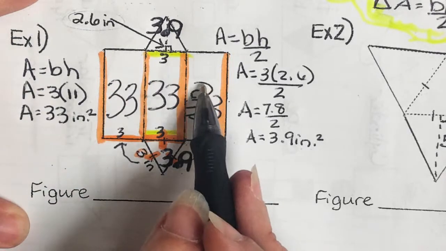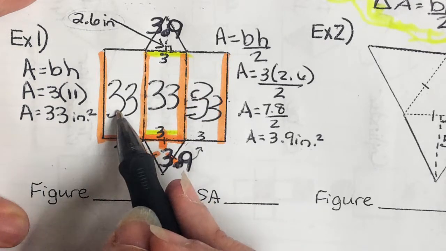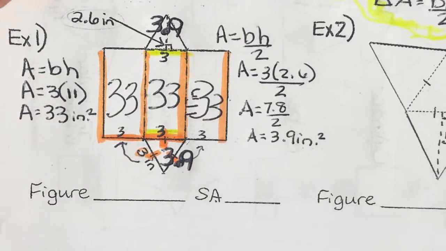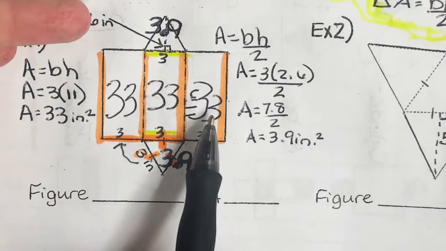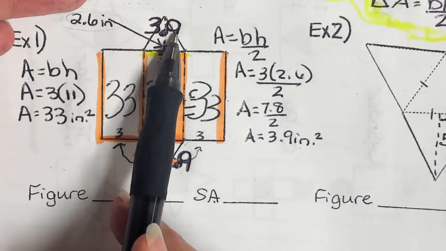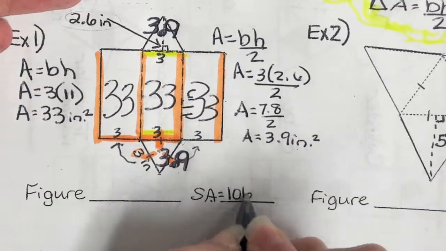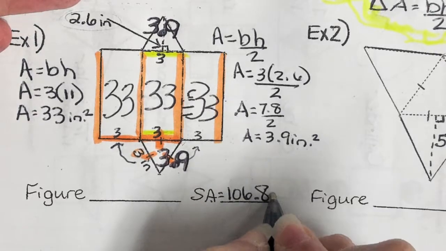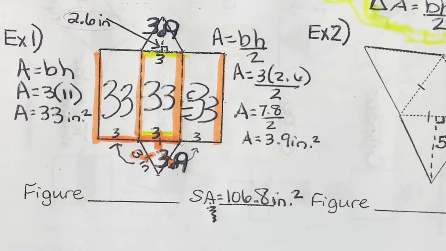The surface of the shape added all together. 99, yep, 3 times 33 would be 99, plus 3.9 plus 3.9. What'd you get? You got to add all this, which is 99 plus 3.9 plus 3.9, 106.8, and it is area. This is still area, so it's inches squared.